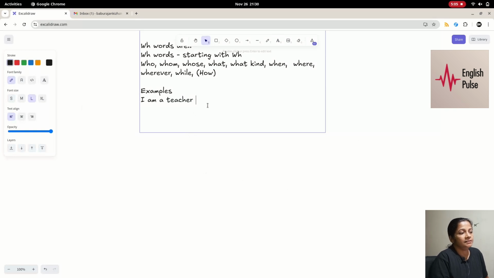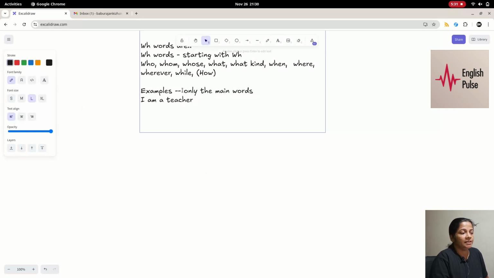In this sentence we learned about verbs in the last class, and if you remember, am is the verb. So today we are not talking about verbs, we are talking about other words, only the main words.